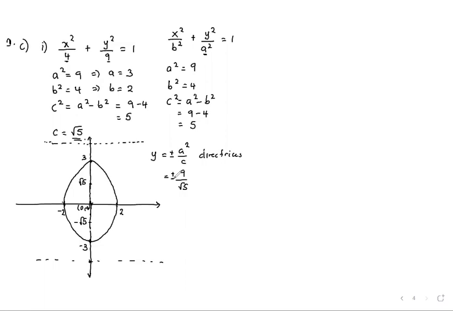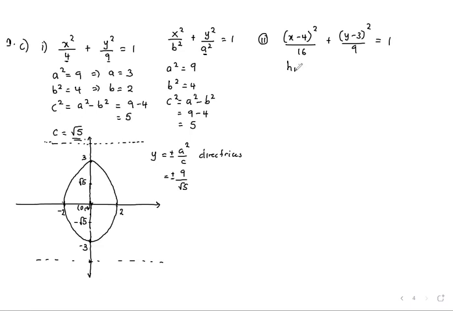Okay, maybe do one question which has an extension, like this one: X minus 4 squared over 16 plus Y minus 3 squared over 9 is equal to 1. Now we have the center not at the origin.